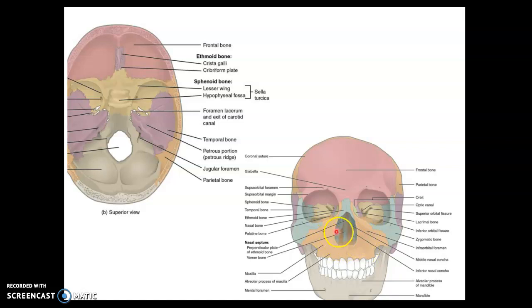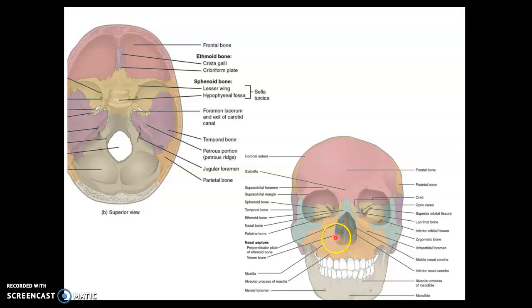Then on either side of the nasal cavity, we have these ridges. They're called concha. What they do is when you breathe in, the air will form turbulence around them and will help warm the air because of that movement. But there are three pairs of ridges.